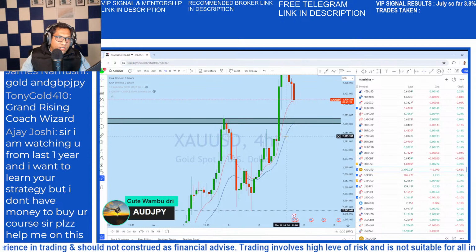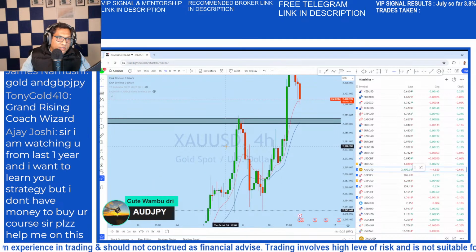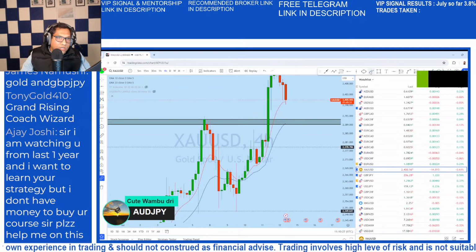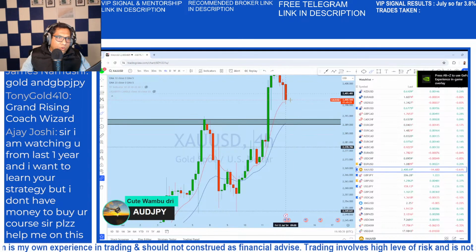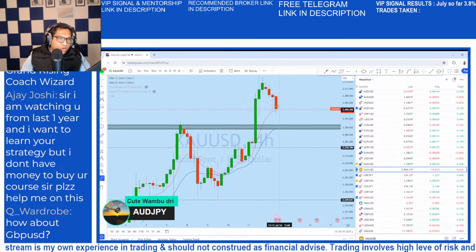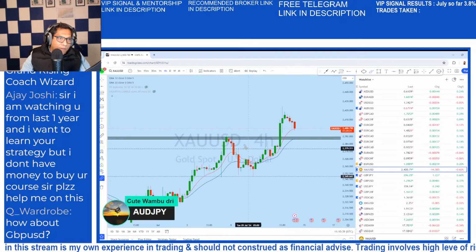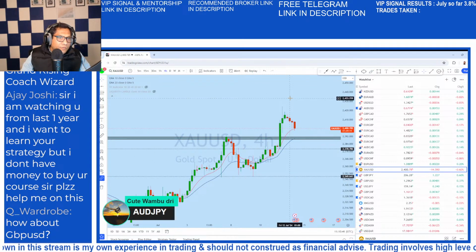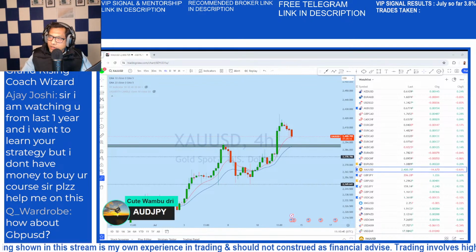This doji is absolutely important because below this doji there is high liquidity. That's where I think gold might drop a little further and then continue to rise again because it's an uptrending market. What is going up is likely to go up. That's the law of trading.